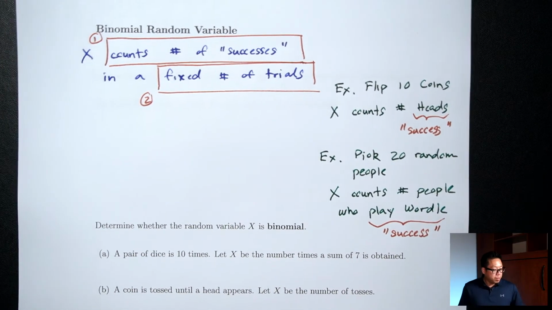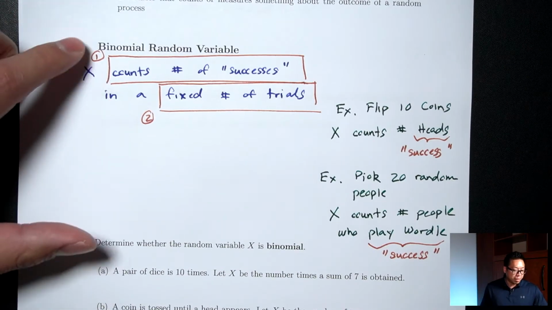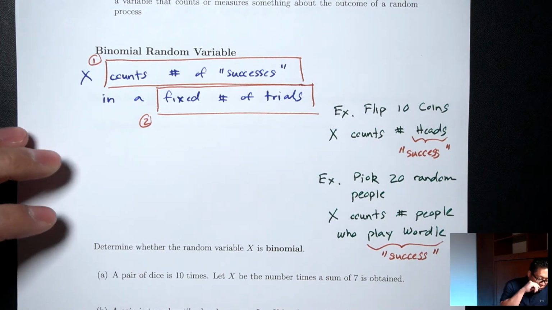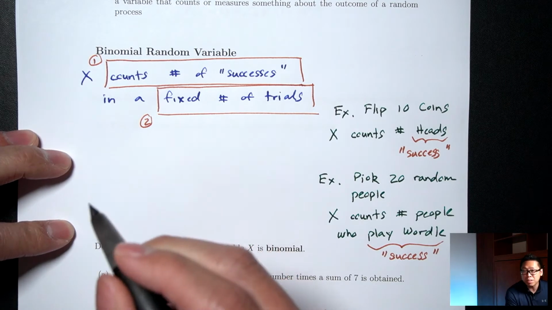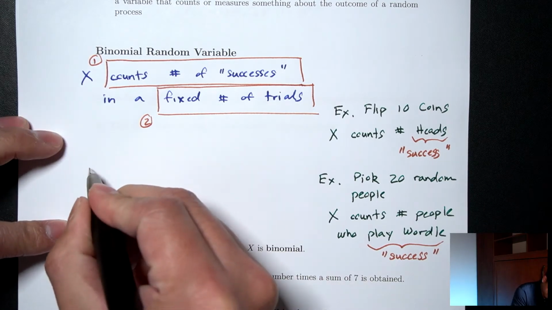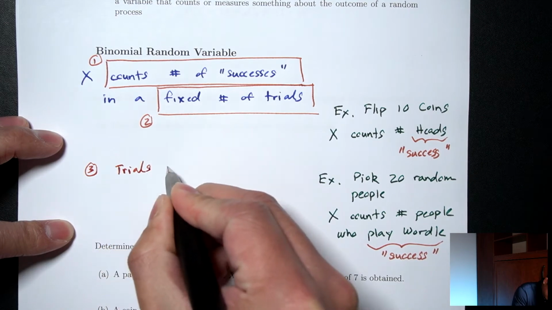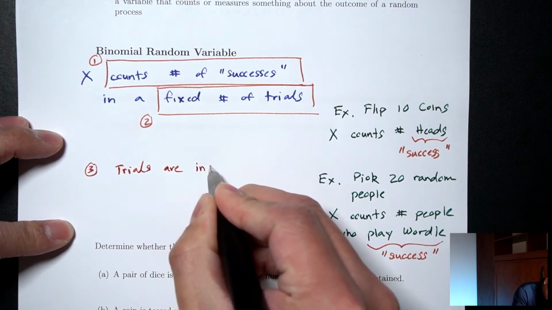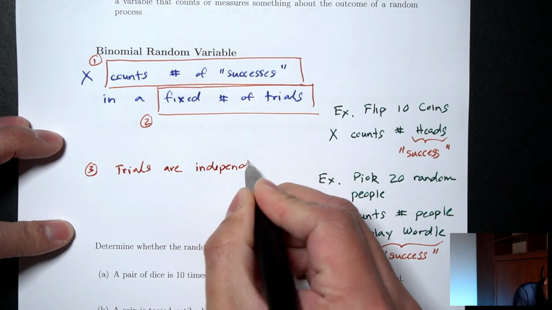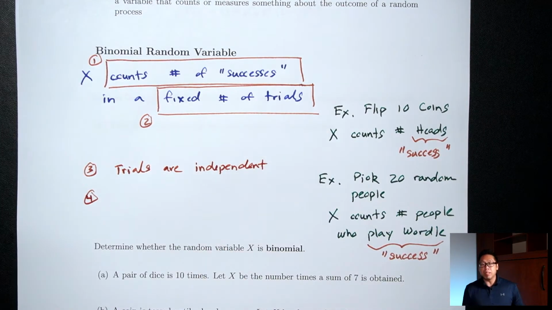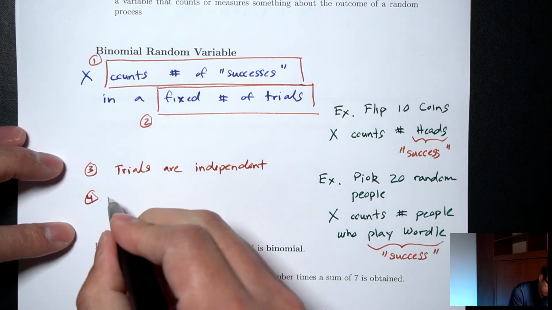Now, there's 2 other requirements to being a binomial random variable. Let me write them here. The third requirement is that the trials need to be independent. And then the fourth requirement is that the probability of success needs to be the same for each trial.